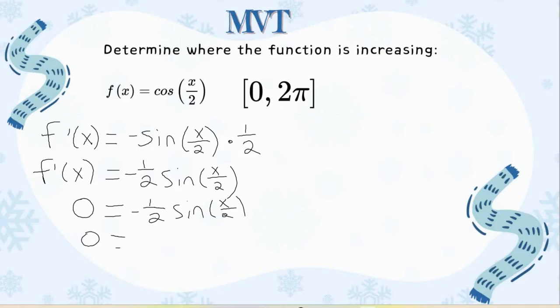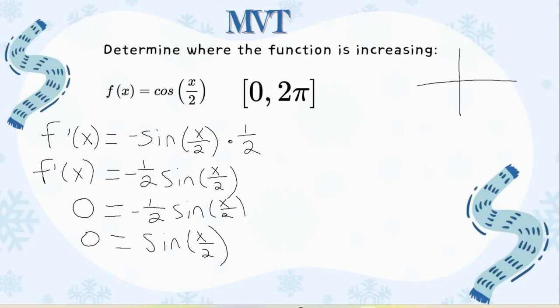So I have 0 equals sine of x over 2. Remember, our first goal in solving a trig equation is to get the trig function by itself. Then we use either our knowledge of the unit circle or our knowledge of what the graph of sine looks like. Either one is fine.